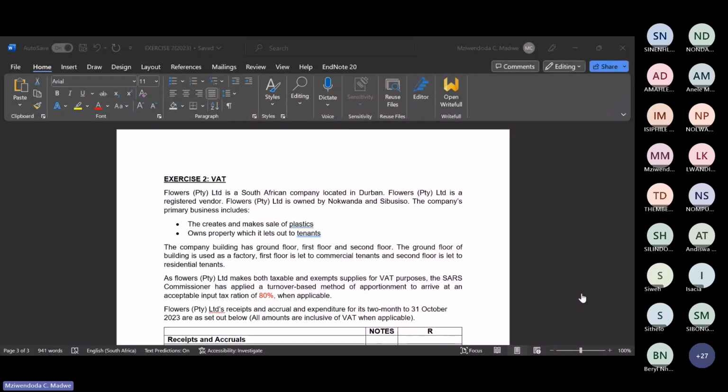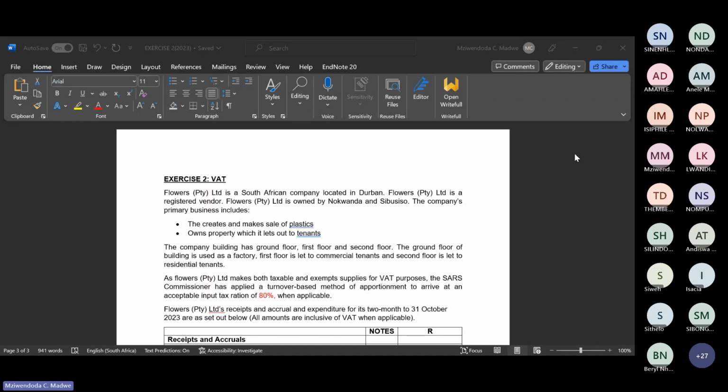So I'm going to calculate the VAT implication for connected persons. The next thing after you have indicated that, you have to say which value I'm going to use between these two values. Then you go to section 10.